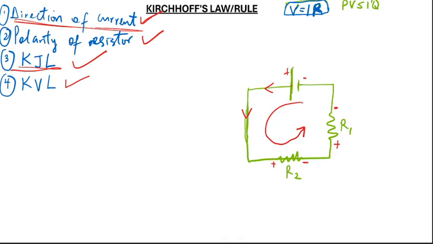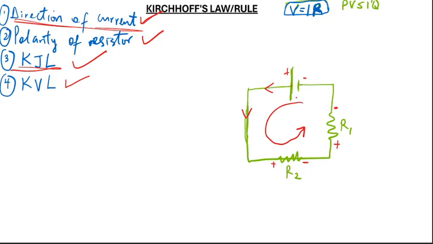Now here I'm going in an anti-clockwise way. You take them one after the other. If you are coming out from the positive terminal of something, that means your voltage should be positive. If you are coming out from the negative part of that place, that means your voltage should be negative.